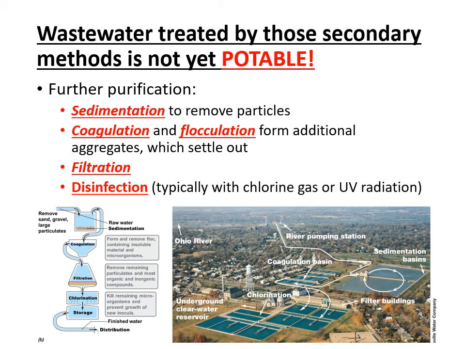And so these further purifications include sedimentation to pull out certain larger particles, and so you can see that first step of sedimentation there. And then when you hear coagulation and flocculation, what that means, if you flocculate something, I love that word, it sounds so weird.